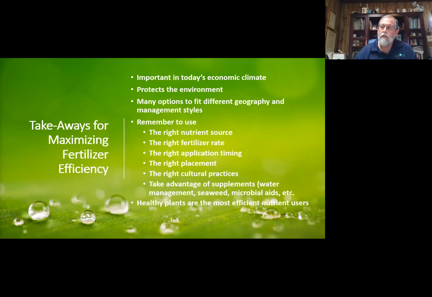And then we take advantage of those supplements that can help increase fertilizer efficiency. Your water management products, your seaweed products, your microbial aids. Use all those things that help that soil and your plant take up every possible bit of that nutrient you put out. And then finally, maintain healthy plants because they are the most efficient at using nutrients.